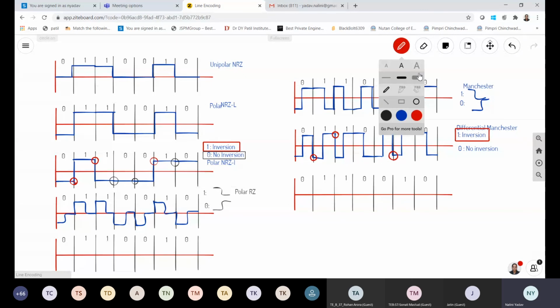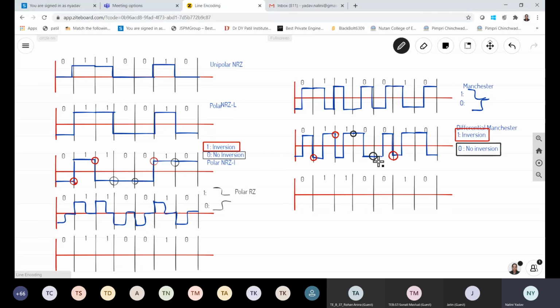Understood, all of you? Now look at other points. Whenever there is a 0, there is no inversion. Right. So look at this. After 1, there is a 0. So what I did, I continued here. After this 0, again there is a 0.